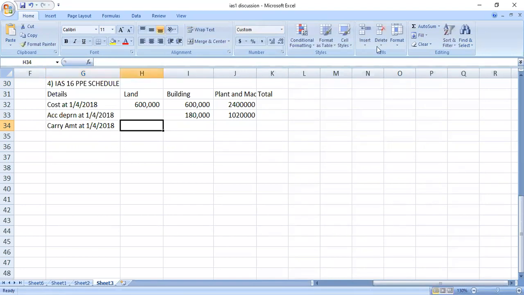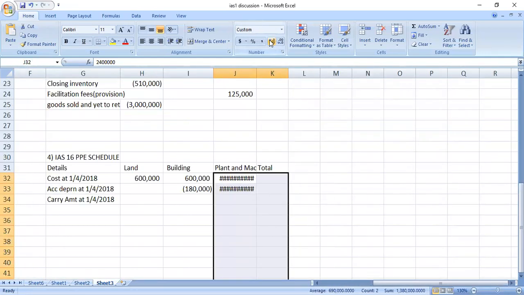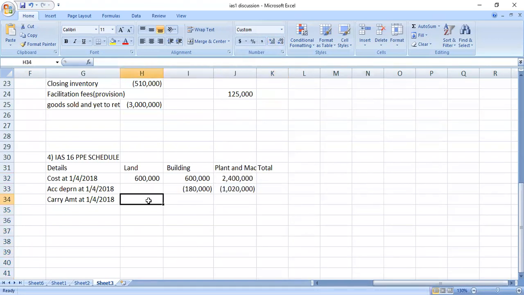Here I'm going to use negatives for accumulated depreciation so that I just add. So my carrying amount will be cost minus accumulated depreciation, at the beginning of the year.